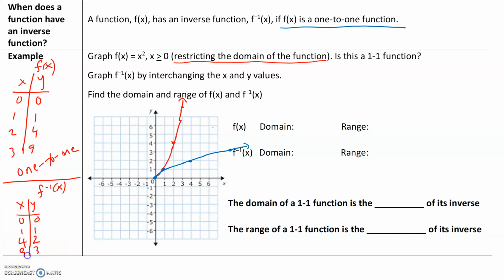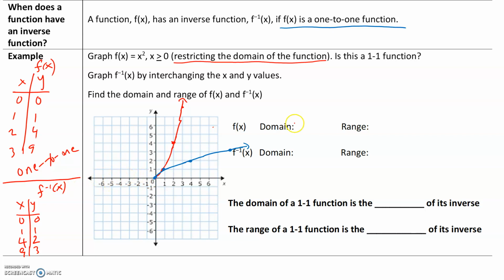Now for the next part, let's find the domain and range of each. The domain of f of x, the original function in red, is all the values of x for which the graph exists. Now remember what we did. We restricted our domain so that the values of x are only greater than or equal to 0. So the graph doesn't exist for the negative values of x.